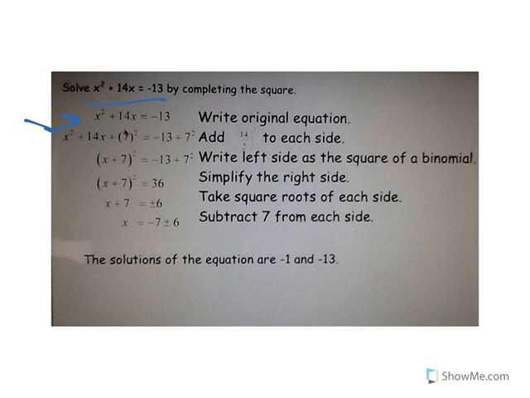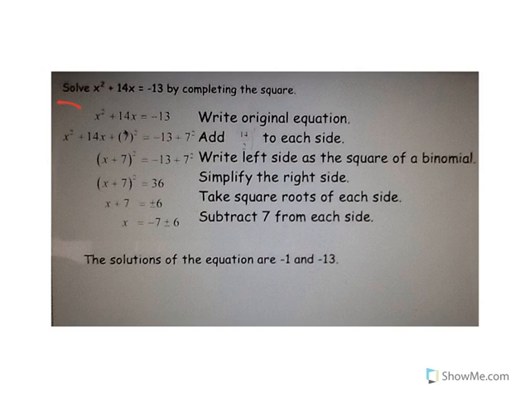We could bounce it over there, but if we're completing the square, we actually need to leave the expression like that to start with. If we're factoring, we need to put it all on one side. If we're completing the square, we just need the a term and the b term on the left-hand side of the equation. Sorry about that confusion there.